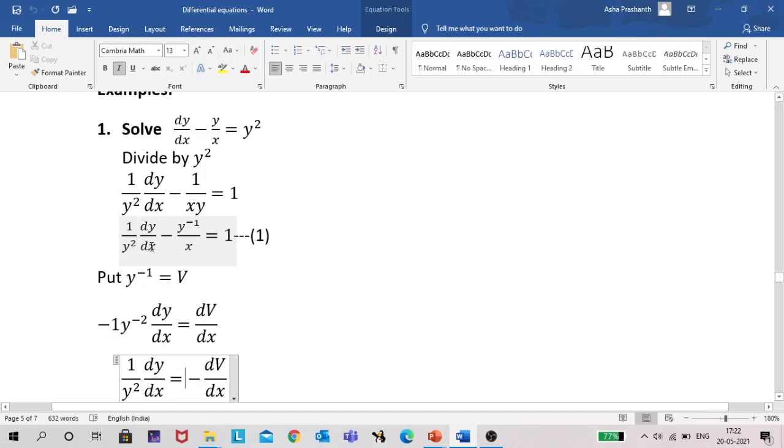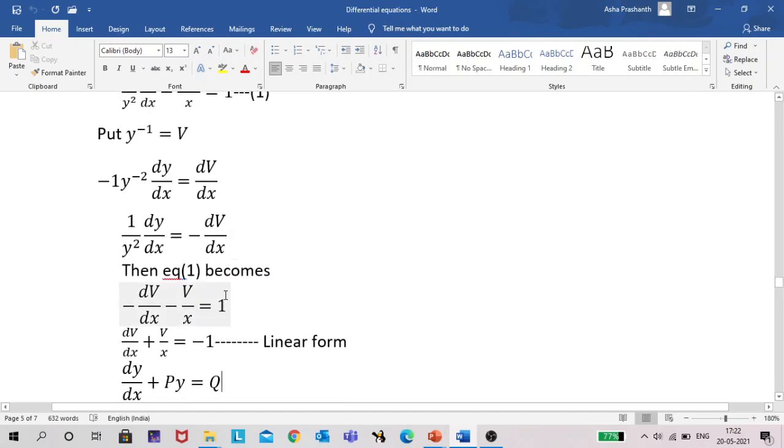This can be replaced by minus dv by dx. Then this y to the power of minus 1 is what we have taken as v. So equation 1 becomes minus dv by dx minus v by x is equal to 1.